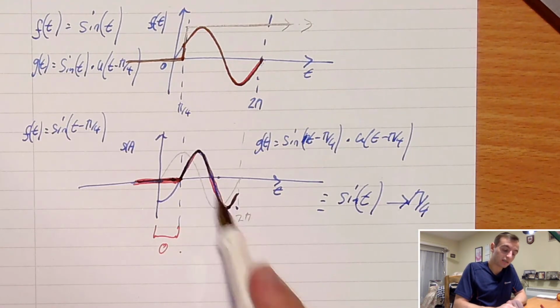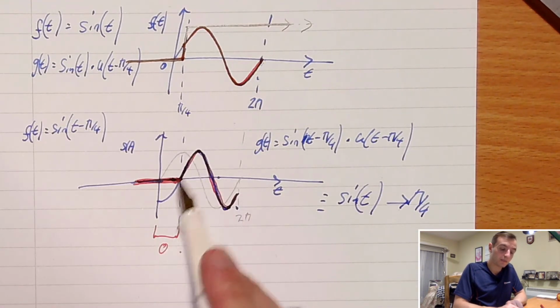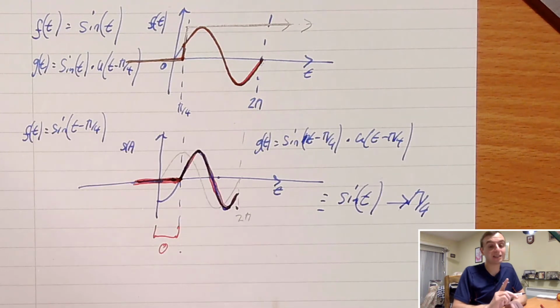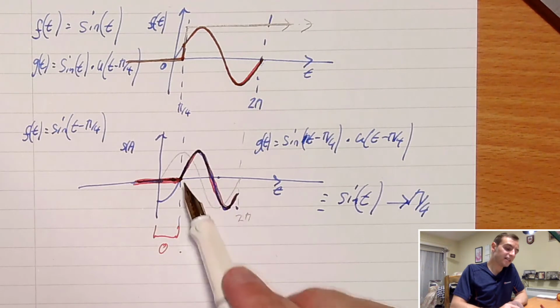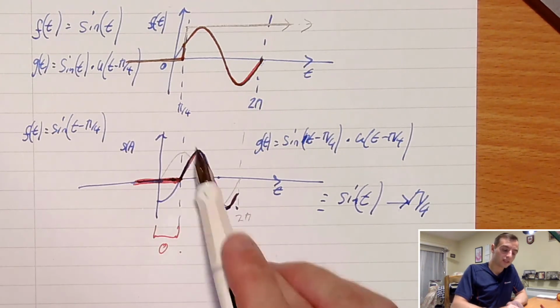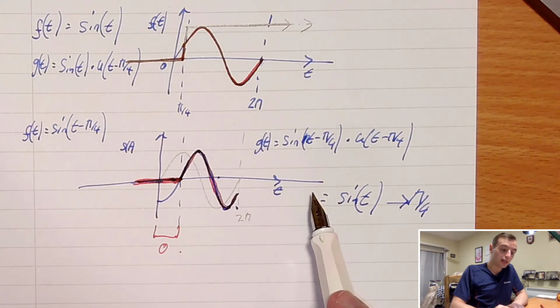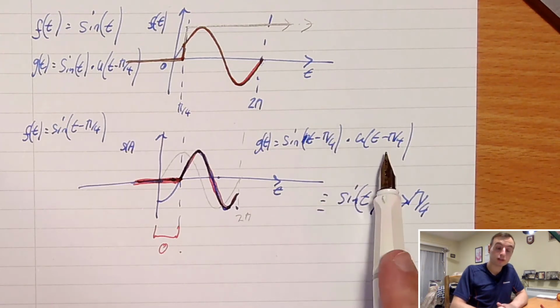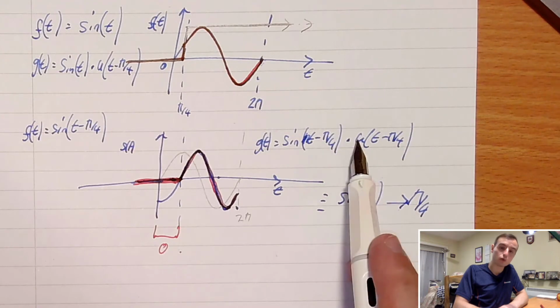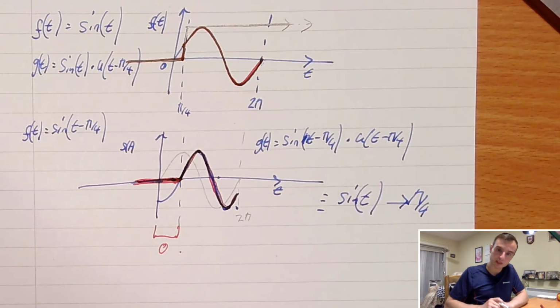It's the original function shifted pi on 4 units to the right for t greater than 0. And that's really important, because if you ever see a function that looks like this, like it's been shifted, we can immediately convert it to a function with a product of a Heaviside step in this form. And you'll see why that's important soon.